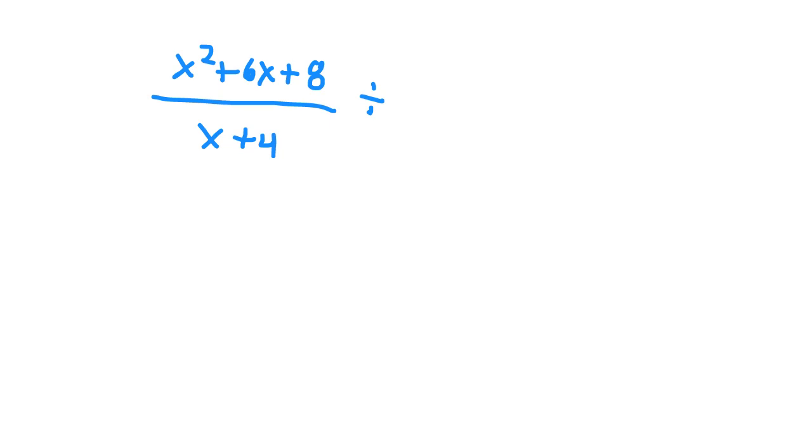Okay, so Samantha, x squared plus 6x plus 8 over x plus 4, divided by x squared minus 4 over 4x minus 8.